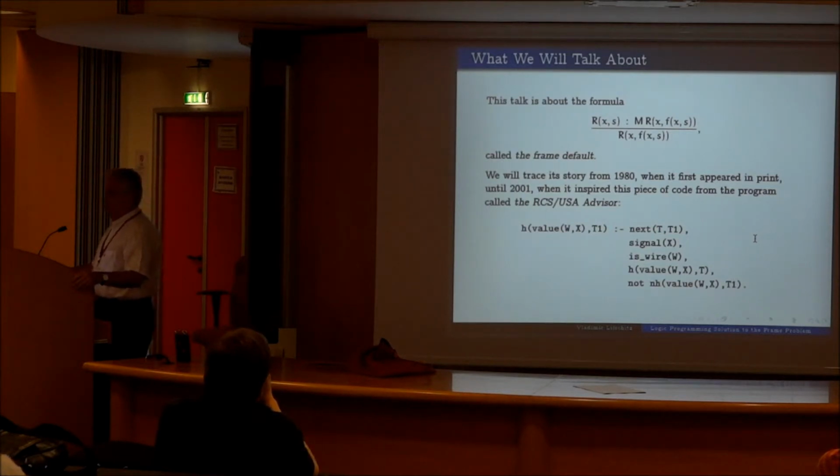This program was written by a group of researchers who continued the work that Ray Reiter started in 1980, the work on the frame default, in collaboration with engineers from United Space Alliance. And we'll talk about this piece of code too.